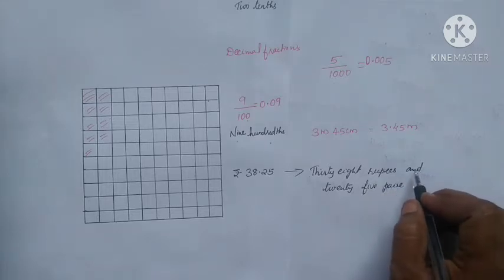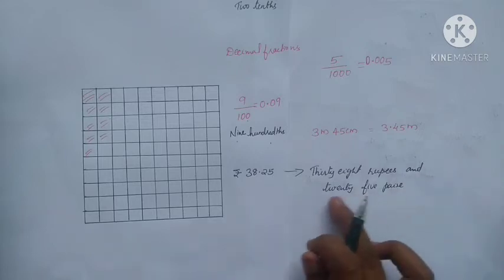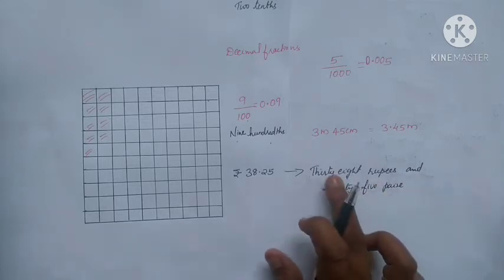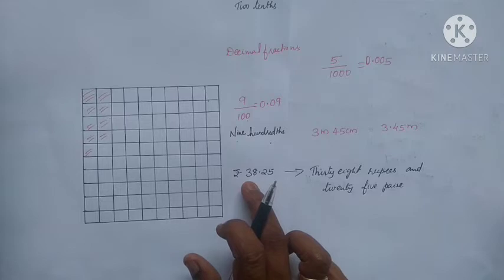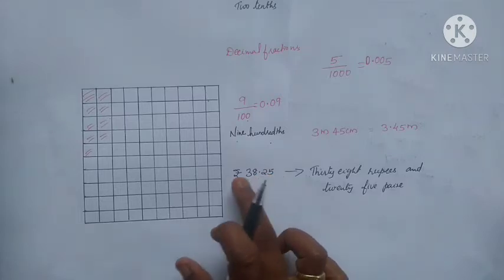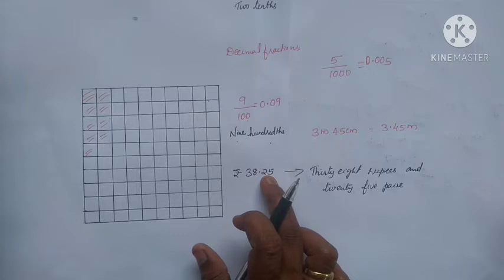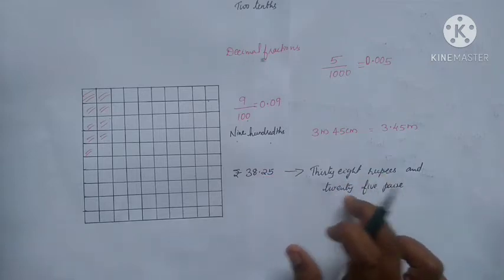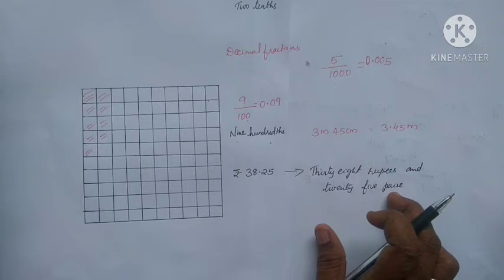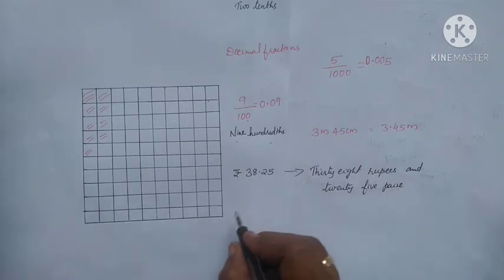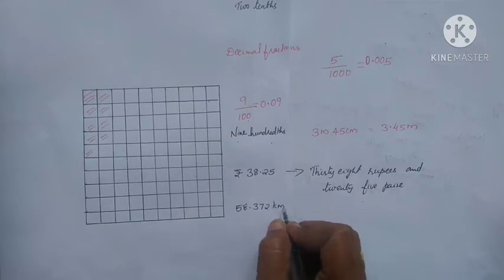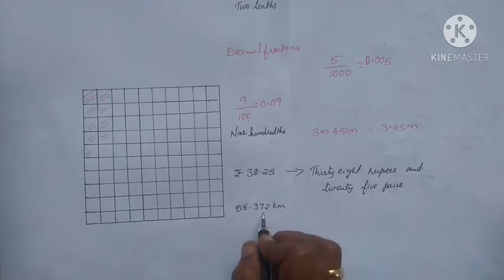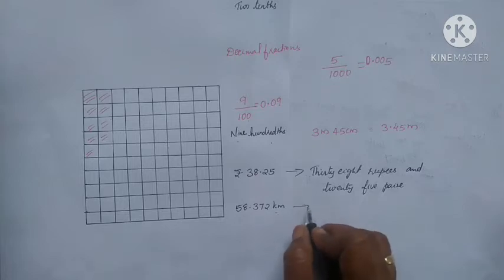There is no representation of points, so I can read the number 25. So 38 rupees and 25 paise. But we have to read like this: 38.25 rupees, 38.25. How can we expand this? 38 rupees and 25 paise. So another one more option. So how can we read this number? 58.372 kilometer. So how can we read this number?